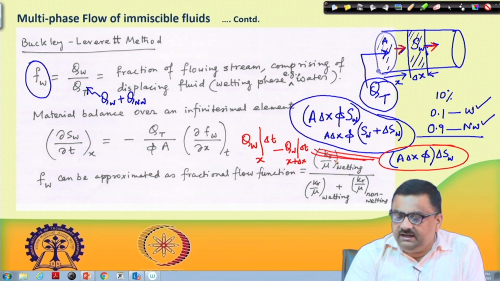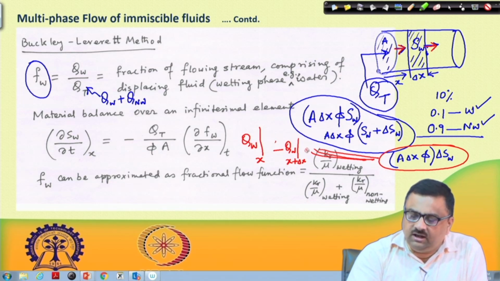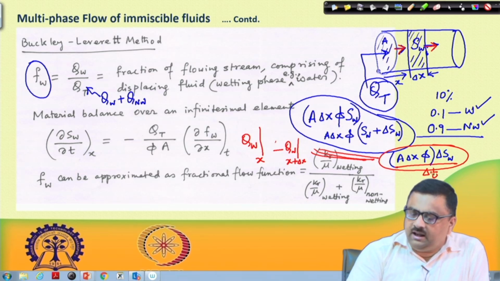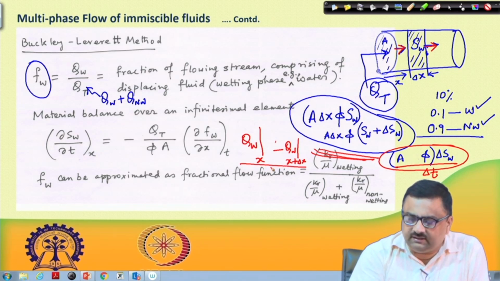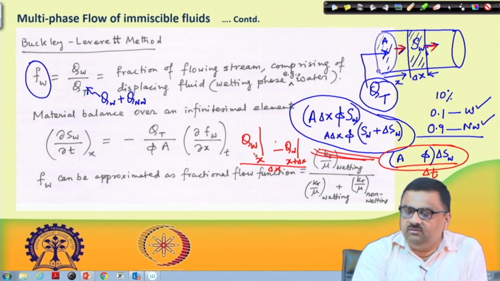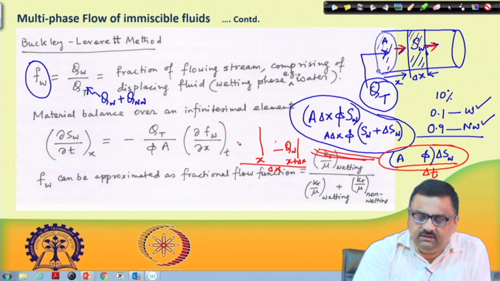The moment we link these two, we take this delta t out and take this delta t up here, and we take delta x out, we take this delta x here, and further, instead of QW we replace this QW by FW QT, and QT is a constant.